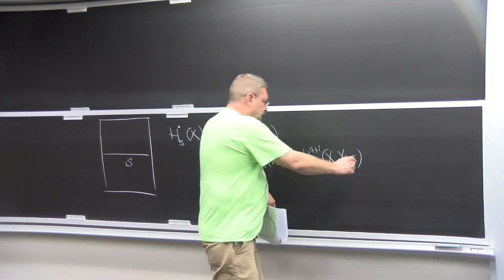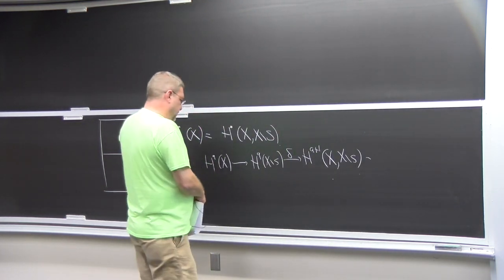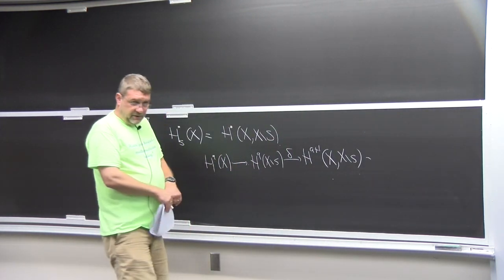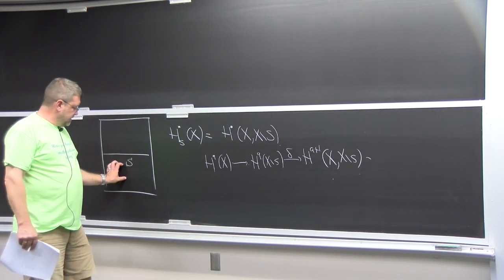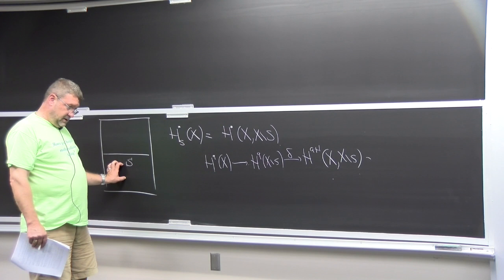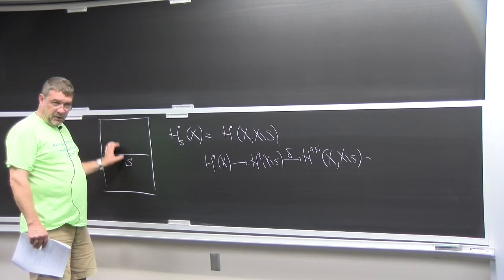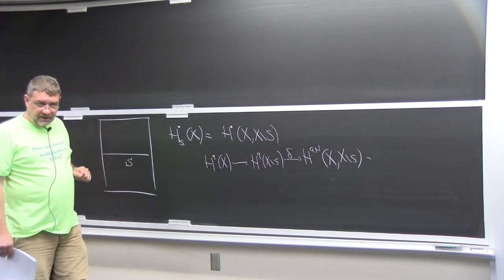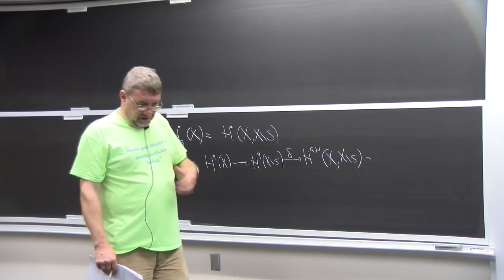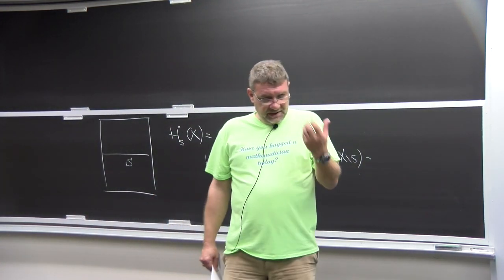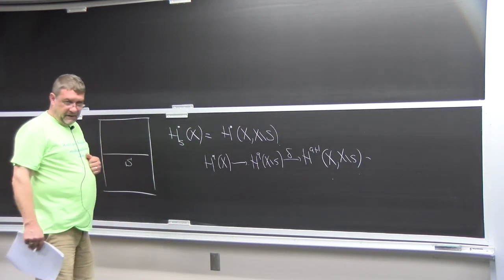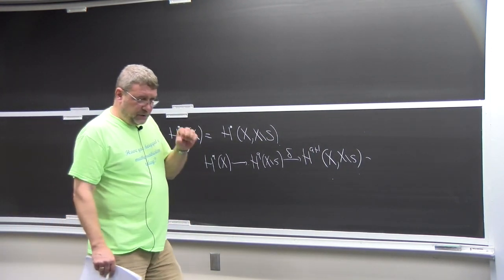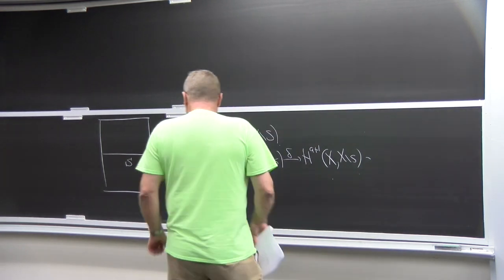So, if this happens to be 0, then this map is onto. And we say that cohomology classes in X minus S, in the complement of S, propagate over S to cohomology classes in X. So they provide extensions. You can extend a cohomology class from the complement of S to the whole space. So it's an obstruction to propagation.